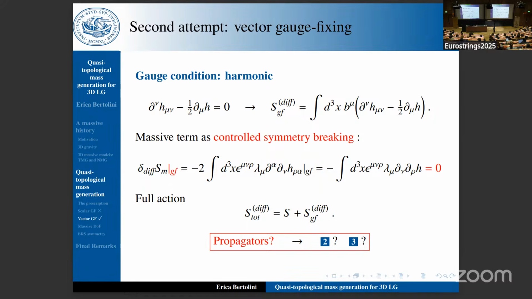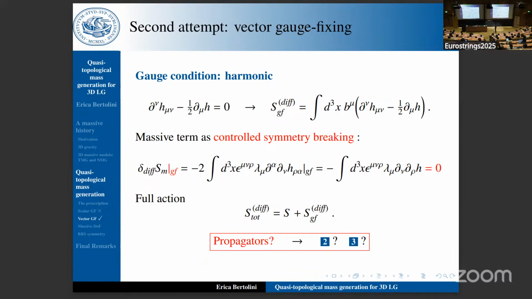One interesting thing is that the symmetry is broken by the mass term, but it is broken in a controlled way, because we can see that its variation on the gauge fixing actually vanishes. And this is an interesting sign, because it's telling us that there is probably a hidden symmetry of the whole gauge-fixed action, some kind of BRS symmetry, as I will show you at the end.